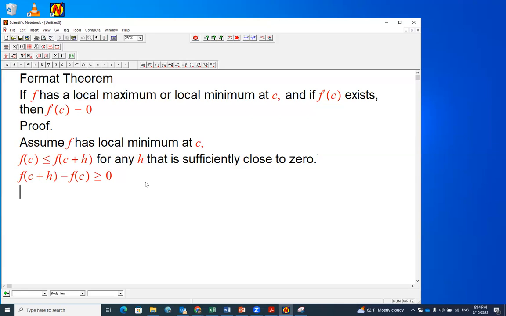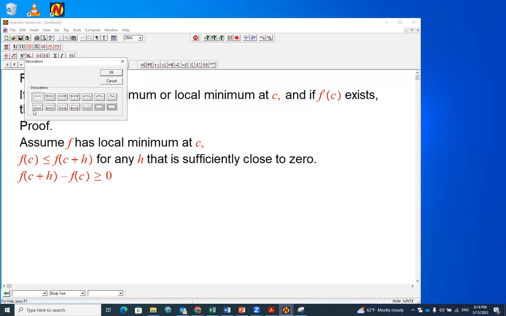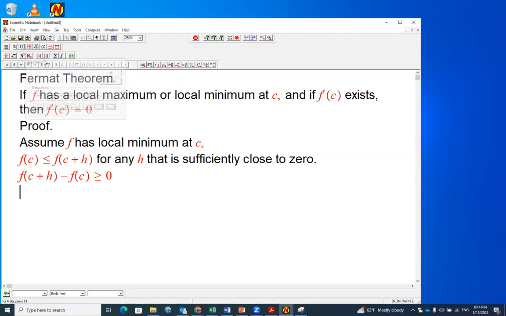Now, by the definition of limit, hold on, I'm going to bring the definition of limit. So the limit as h approaches zero, the definition of the derivative, is f of c plus h minus f of c, divided by h.